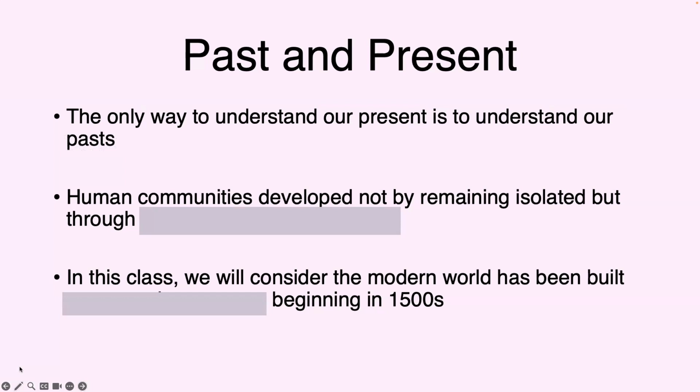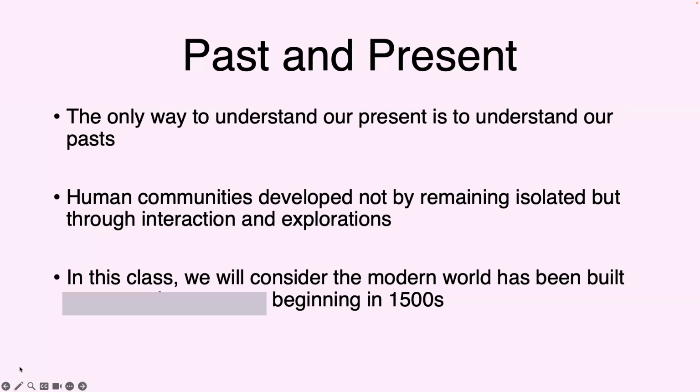History in and of itself is a series of events, interactions, and connections building upon each other to get us where we are today. Human communities have not developed by remaining isolated from each other, but through interaction and exploration. The only way that we've been able to innovate, grow, and explore has been by interacting with each other, interacting with different parts of the world, and innovating in that manner.